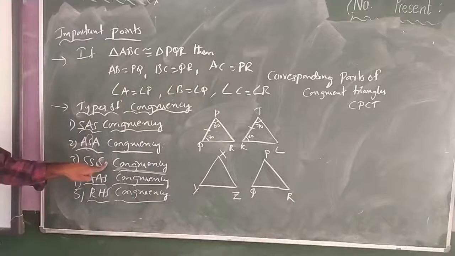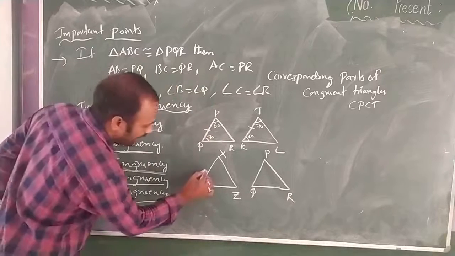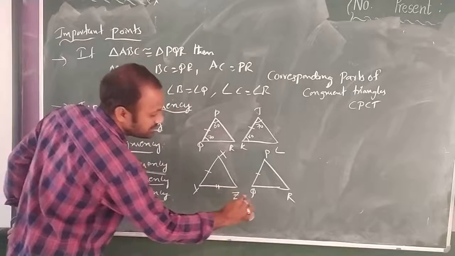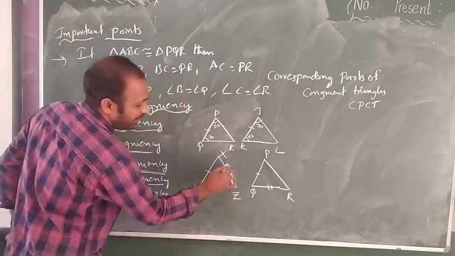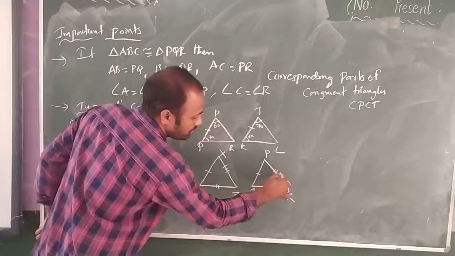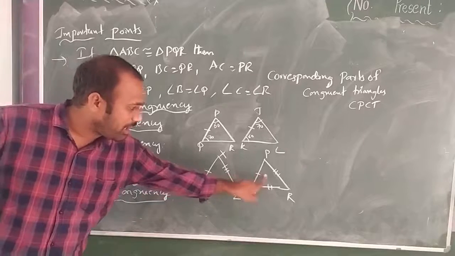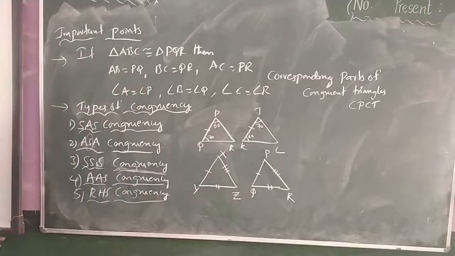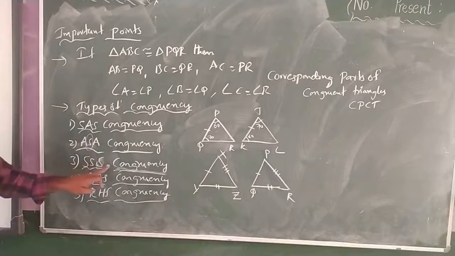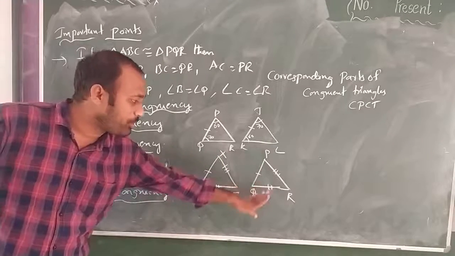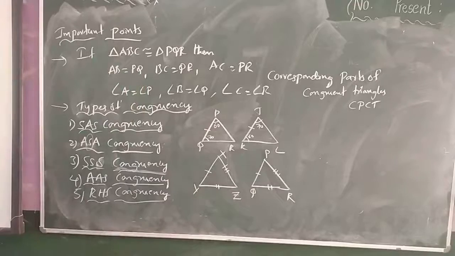Since the name itself says side congruency rule, XY is equal to PQ, YZ side is equal to QR side, and XZ side is equal to PR side. So if three sides of this triangle correspond to three sides of another triangle, then by using the SSS congruency rule, I can say that triangle XYZ is congruent to triangle PQR.